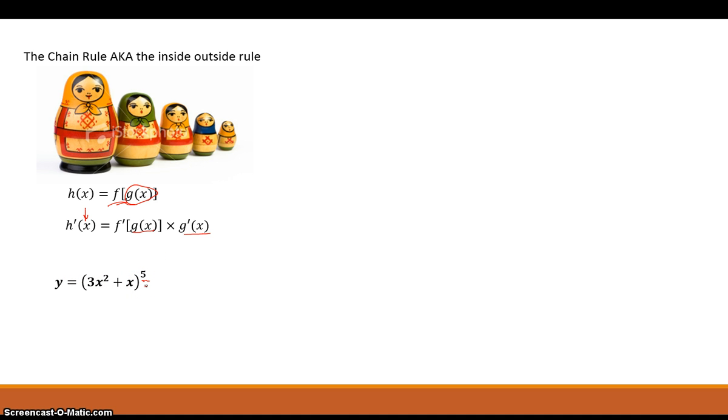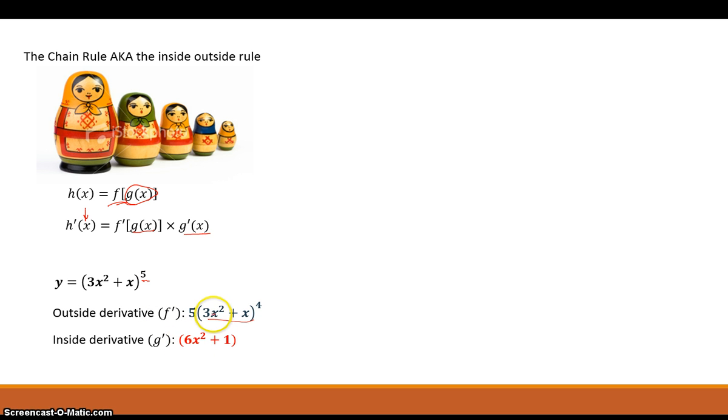So the way we take that derivative using the chain rule, you look at the derivative of the outside, or f prime, which would just be 5 times the quantity of 3x squared plus x raised to the fourth power. So that's the derivative of the outside while leaving the inside alone. Then take the derivative of the inside function, g prime.